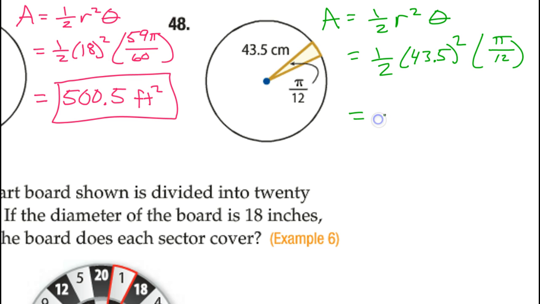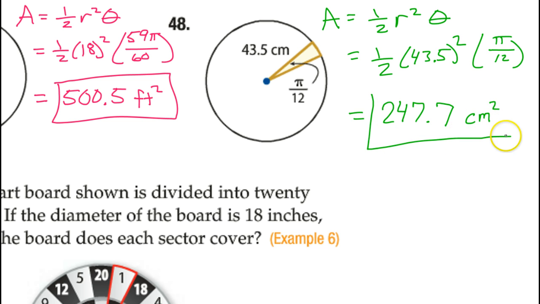Got to round up. And the units are centimeters, so that means this will be square centimeters. And that's your answer number 48.